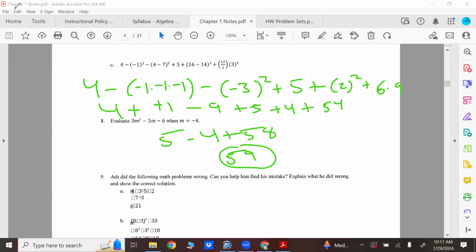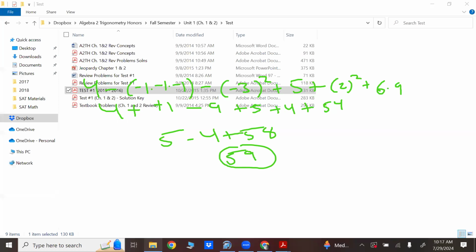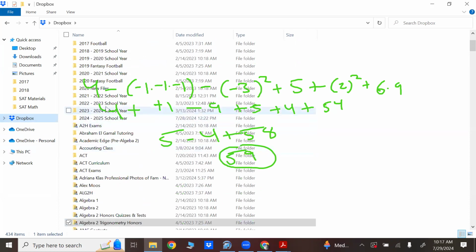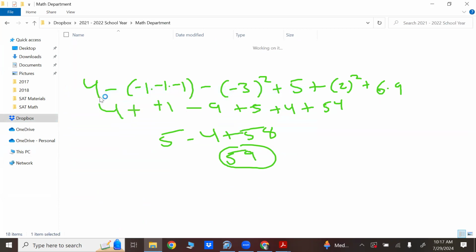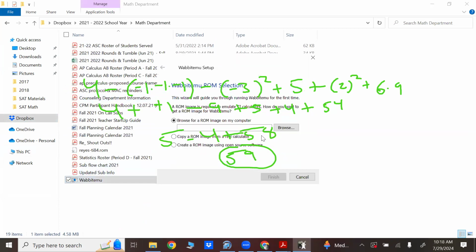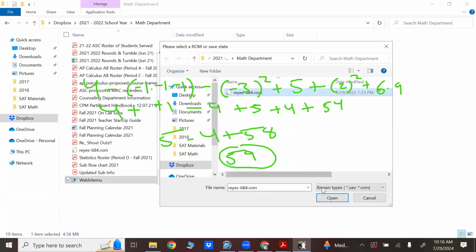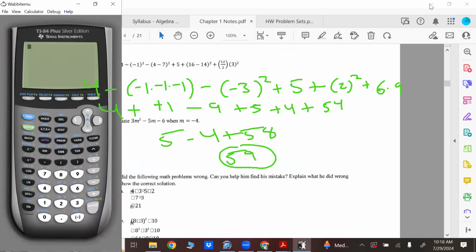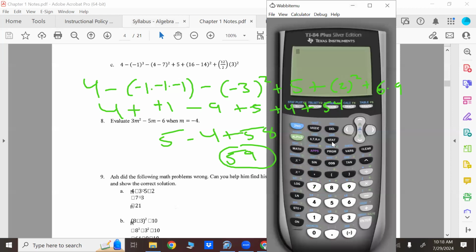In fact, actually, let me pull up I have a computer version of, I think it's that folder, math department. Yeah, there we go. It's actually right when we came back from the pandemic that year. All right. So if I were to actually punch all that in, 4 minus parentheses -1 cube minus parentheses, or you go Desmos.